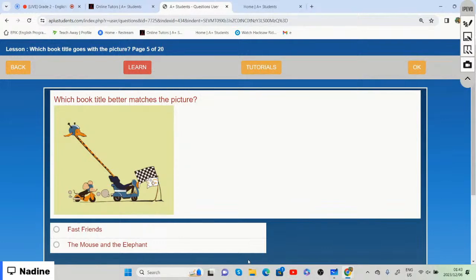So if we look at the titles, is it Fast Friends or The Mouse and the Elephant? All right, so we are saying two, but now the question is, do we see an elephant in the picture? Because the title is The Mouse and the Elephant.